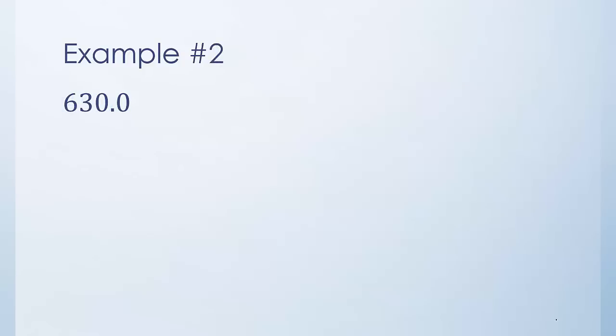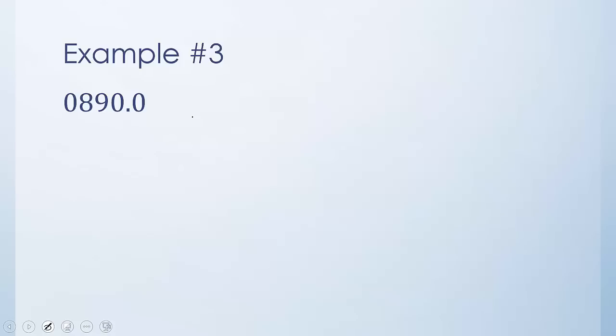Next example, 630.0. We have to remember that this is a precision 0. It's to the right of a decimal place, and it's to the right of these significant figures over here. So we have 1, 2, 3, 4. 4 significant figures.